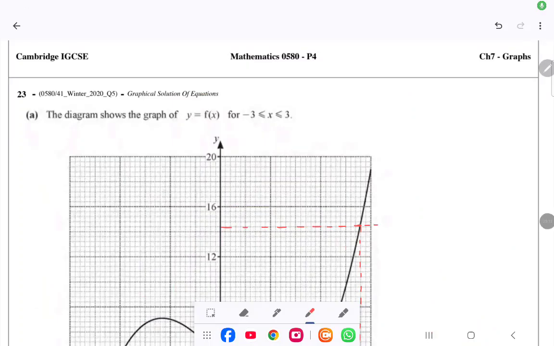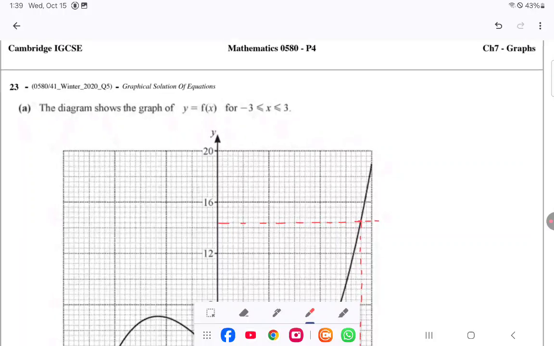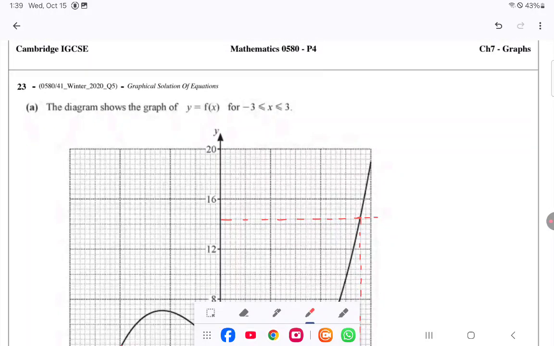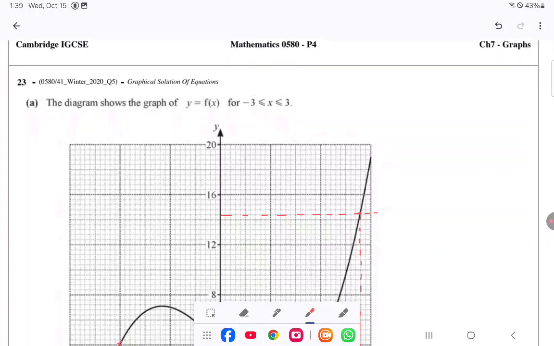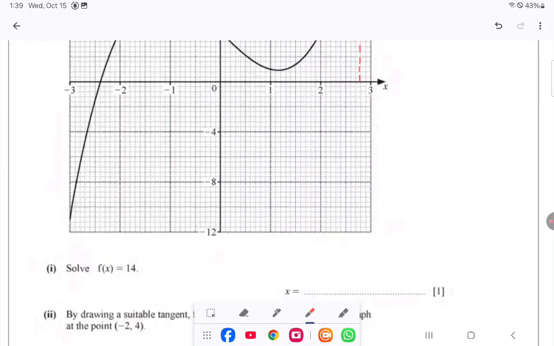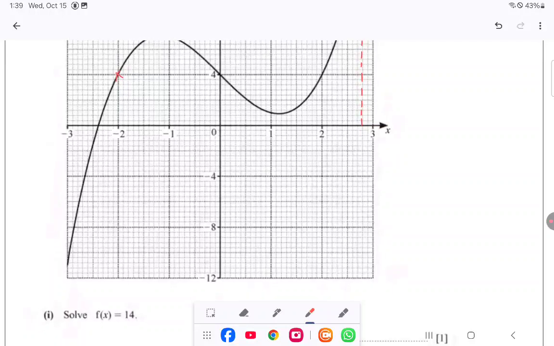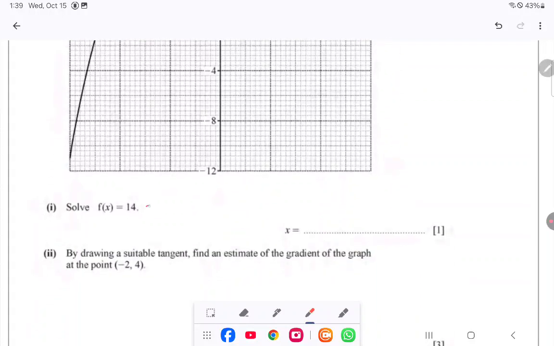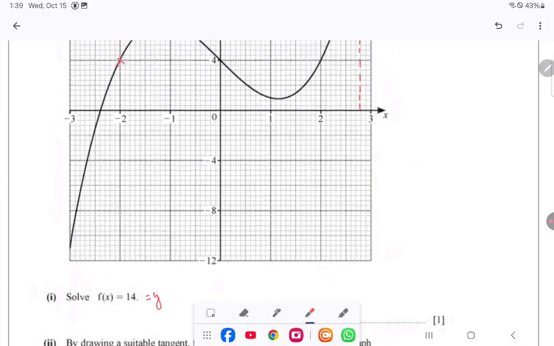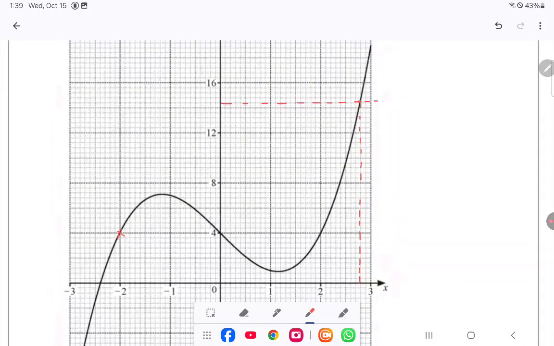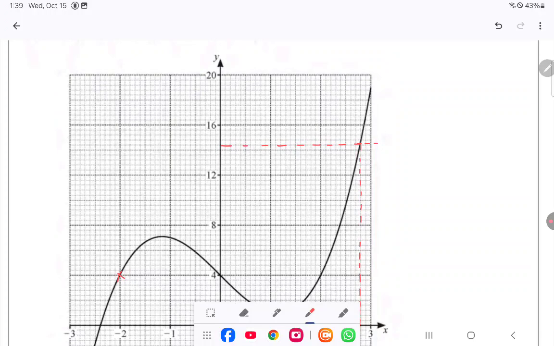In question 23, part A, the diagram shows the graph of the function for x greater than or equal to negative 3 and less than or equal to 3. Solving for the function gives the value of 14, and 14 is the y. We have to calculate the x for it. On the positive side, we can consider 3 boxes as 1 unit.